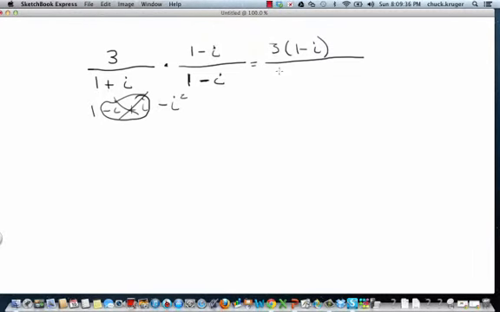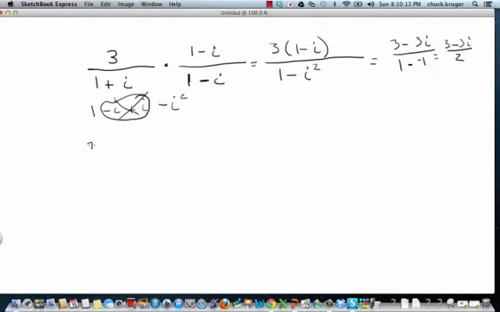And so I'm simply left with the first and the last, just the 1 times the 1 and the i times the i, and it's always minus i squared. What's cool about this is I get 3 minus 3i if I distribute on top, and down here I'll have 1 minus a negative 1. So I get 3 minus 3i over 2. And now I've simplified this complex fraction.